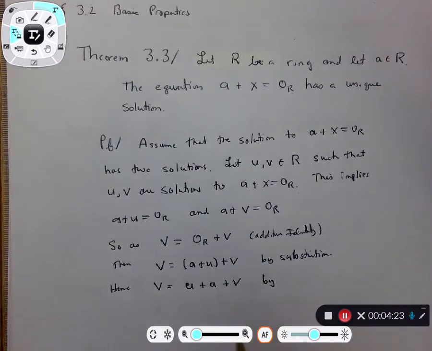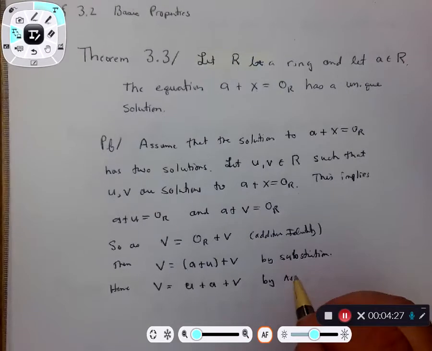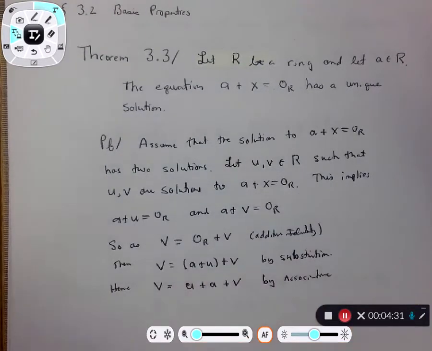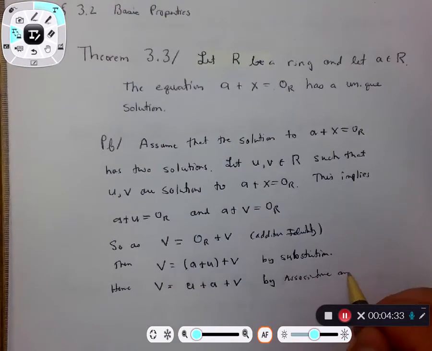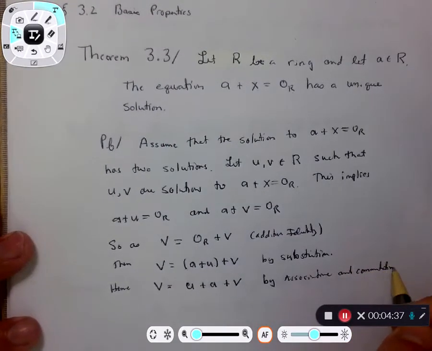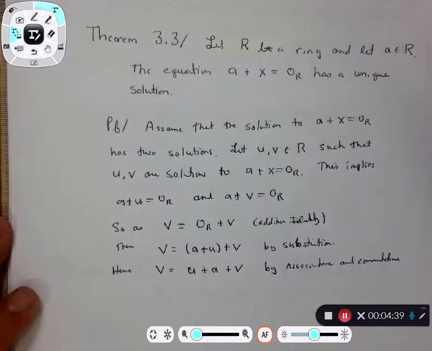You can end up losing your audience when you're doing your proofs here. This is by associativity, because I moved the parentheses, and commutativity. Associative and commutative properties there.